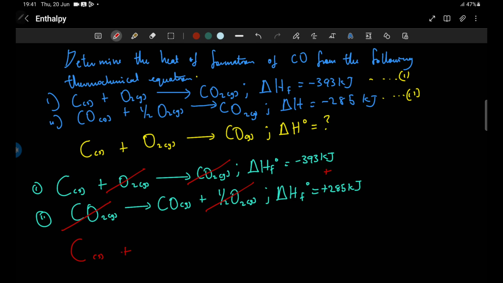Okay, carbon plus oxygen, that gives us carbon monoxide. And the energy change is minus 393 plus positive 285 kilojoules.